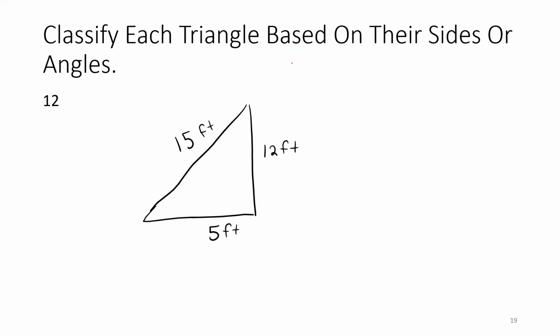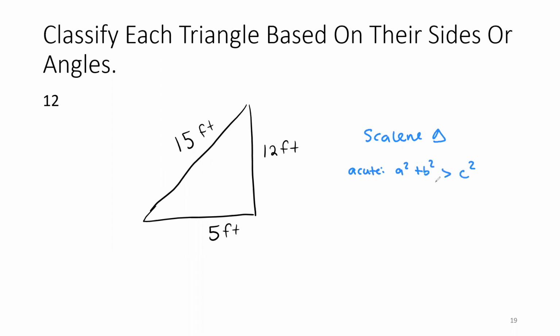So that's a big clue that you have what's called a scalene. But you can classify this triangle even more. It can be either acute or obtuse. So let's see if it's acute. The rule for acute is a squared plus b squared is greater than c squared.